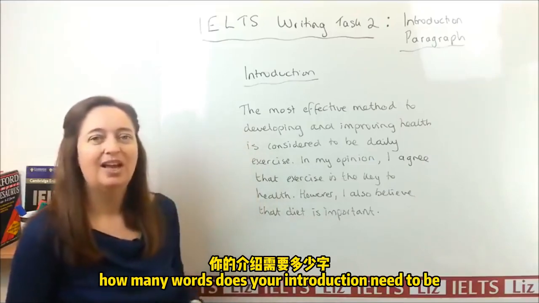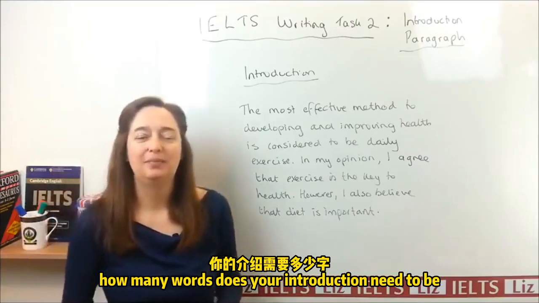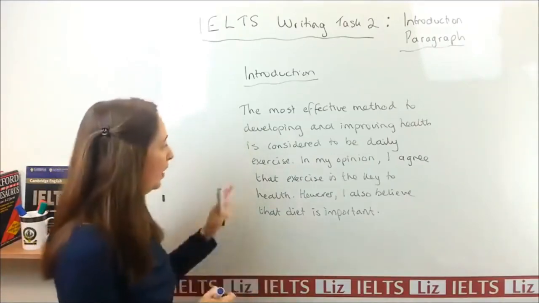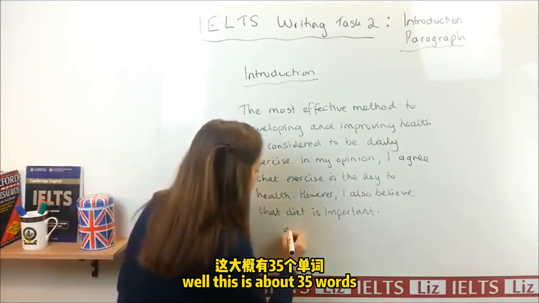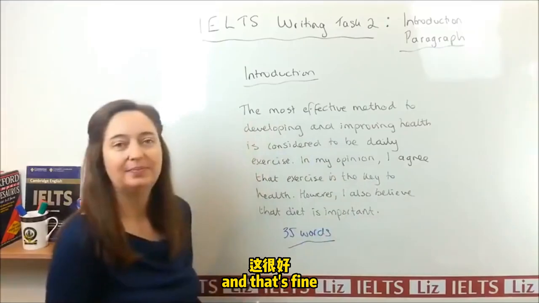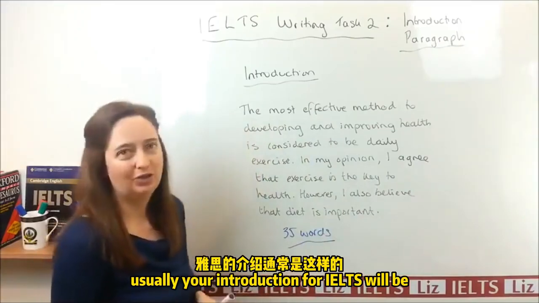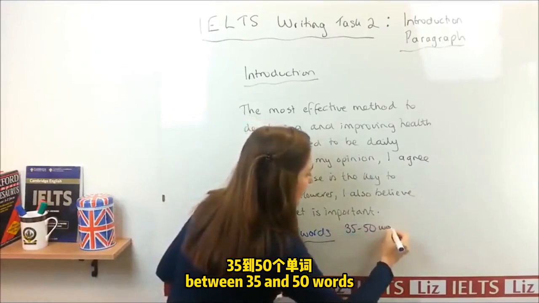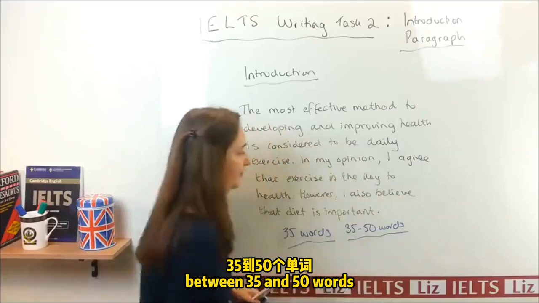How many words does your introduction need to be? How long should the introduction be? Well, this is about 35 words. And that's fine. Usually your introduction for IELTS will be between 35 and 50 words.